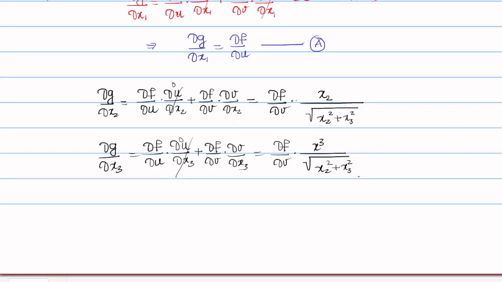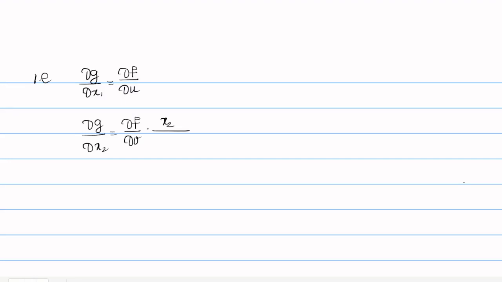Okay, taking the next page. We have obtained dou g by dou x1 equal to dou f by dou u. Then dou g by dou x2 is equal to dou f by dou v into x2 divided by square root of x2 square plus x3 square.